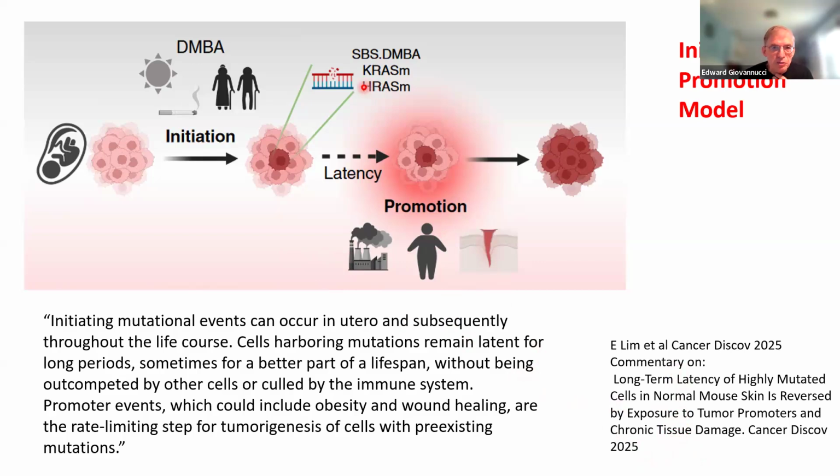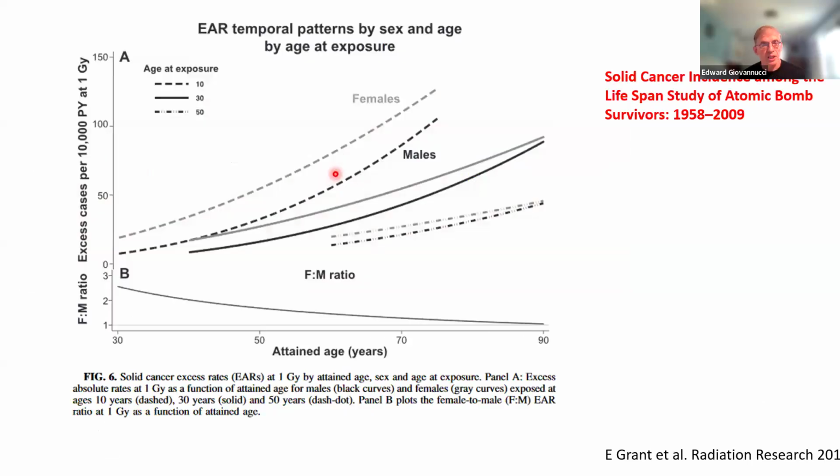In this model, once they gave the initiating carcinogen, which is DMBA, to the mice, they could see that they had thousands of cells that had mutations in, for example, the RAS oncogene, which is a driver mutation. So you have thousands of cells with driver mutations, but interestingly, they don't get cancer unless they have this promoter effect. Obesity was one of the things that promoted progression of the cancer. Now, so that's animal data.